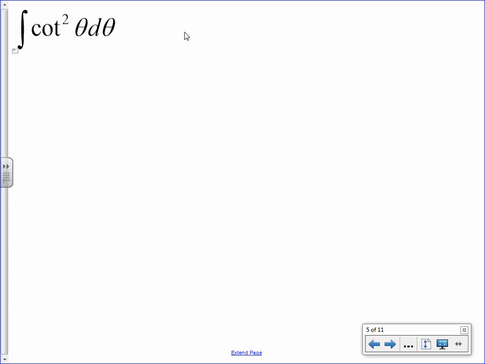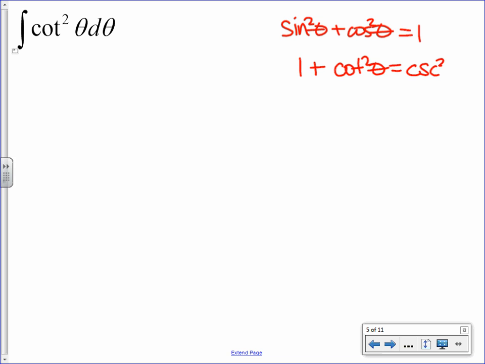I'm sorry, it looks easy. You divided both by sine. Okay. So you add 1.